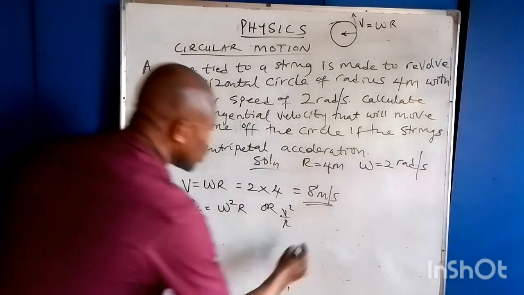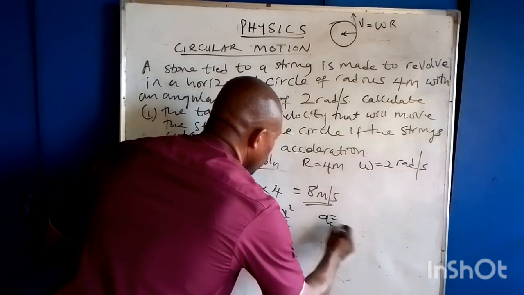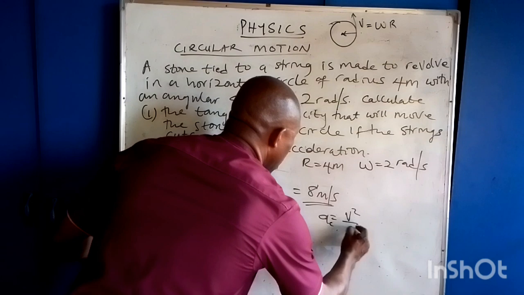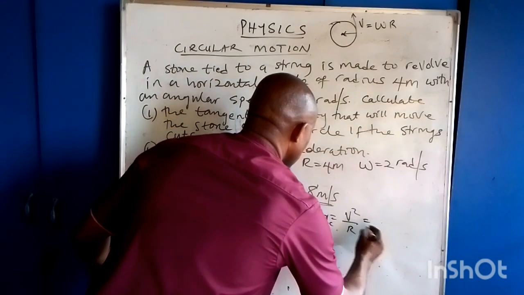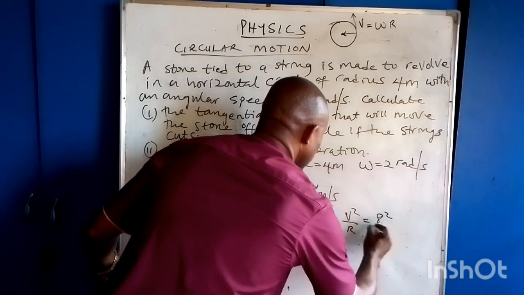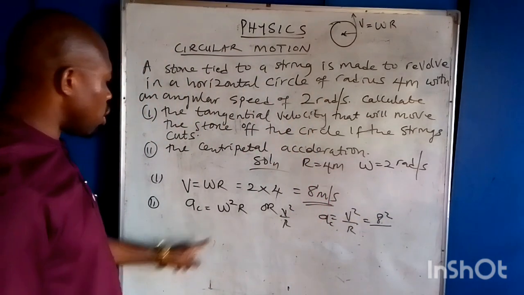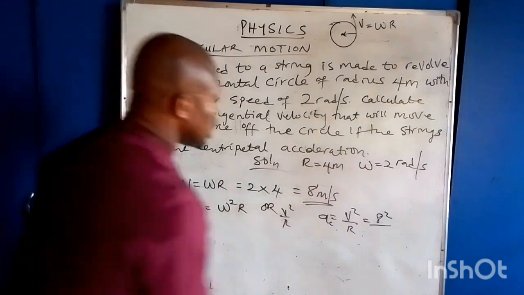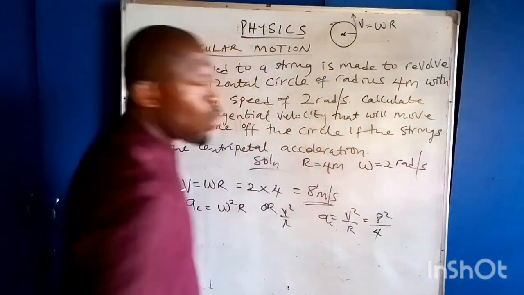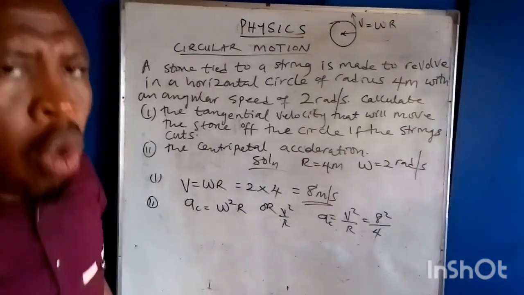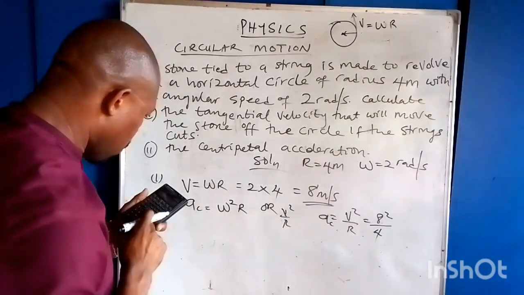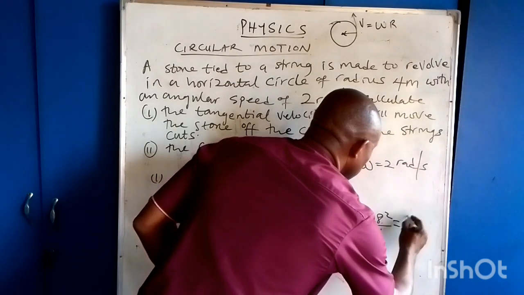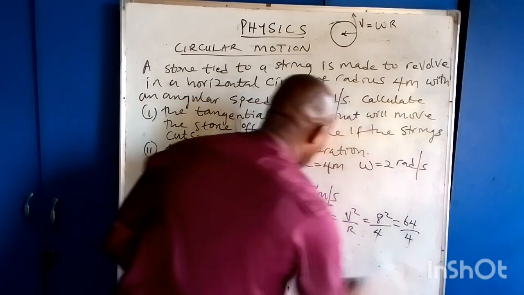If we use a is equal to v squared over r, already we have gotten our v. So v will give us 8 squared over r. The radius there is 4. 8 squared is 64. 64 over 4.